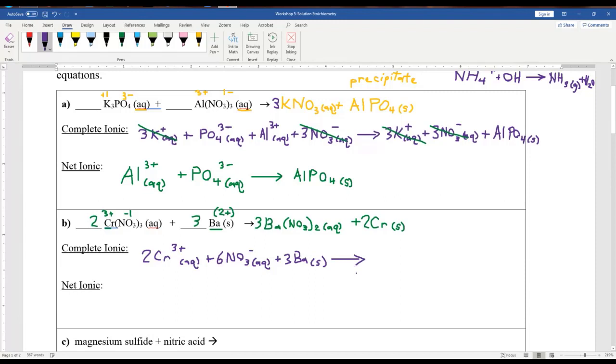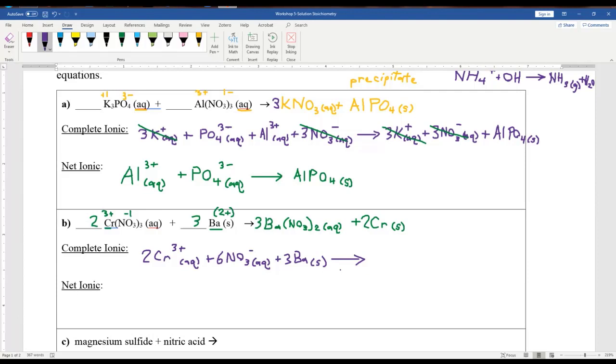The key thing is when you're converting a regular molecular equation into an ionic equation, you have to break up every soluble ionic compound and every strong acid. In other words, you break up any strong electrolyte.